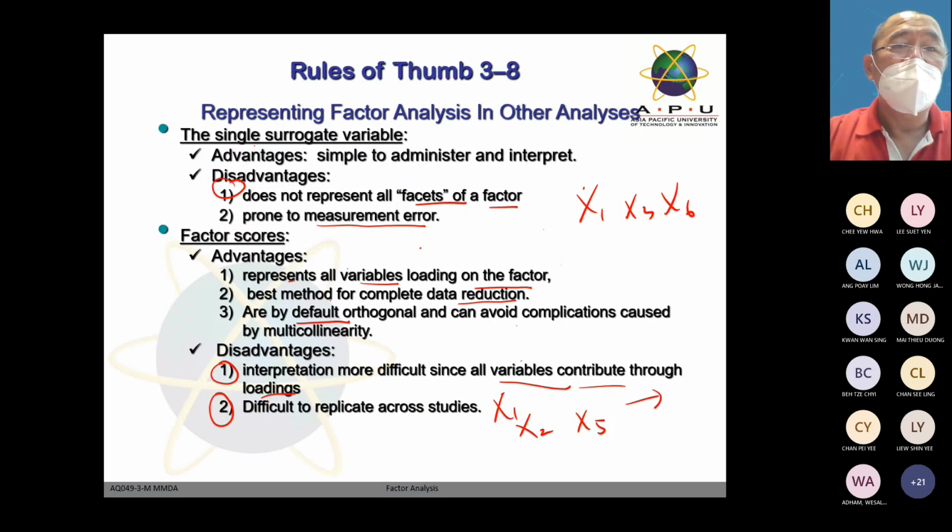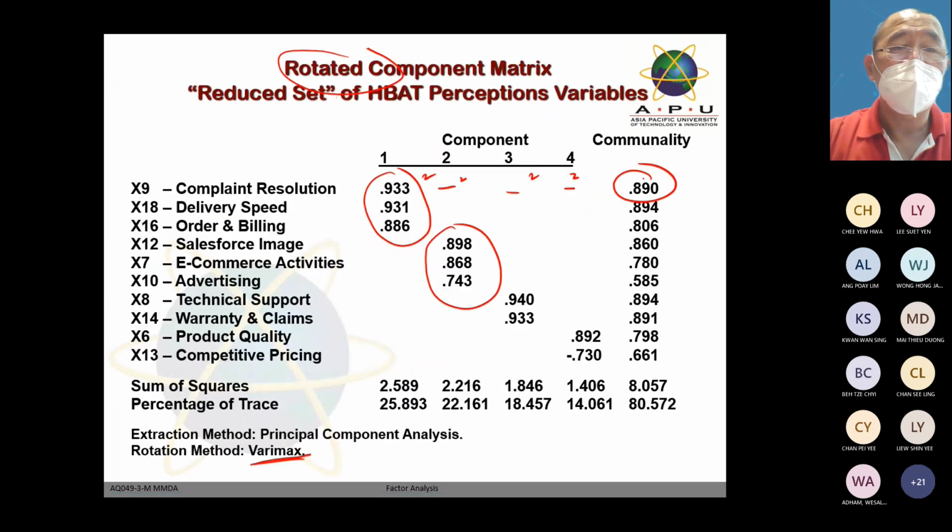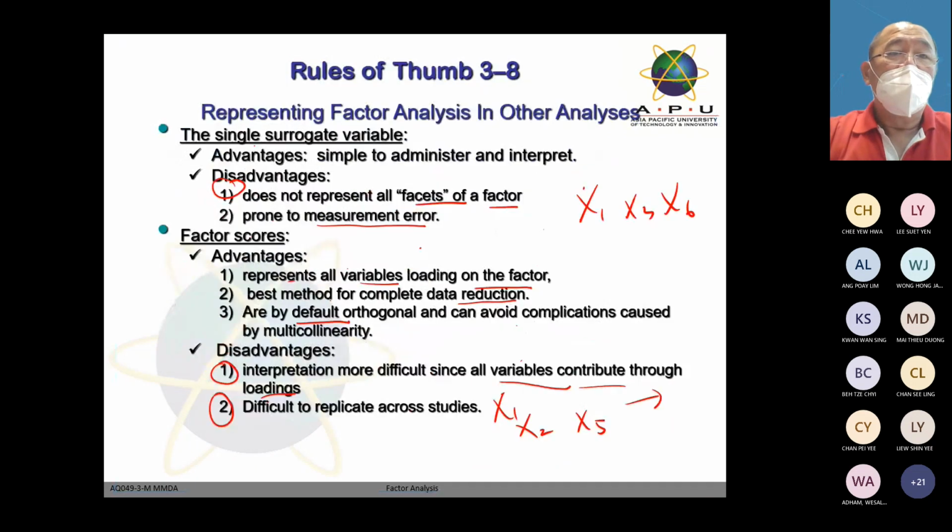But we can give some context, some situation, to see which one is better: factor score or summated scale. For example, let's say you suspect this problem of multicollinearity.